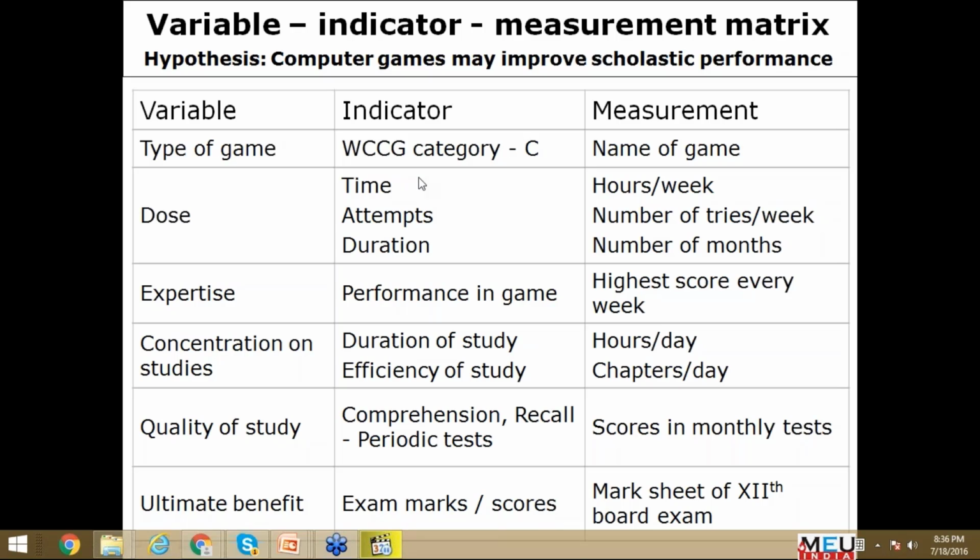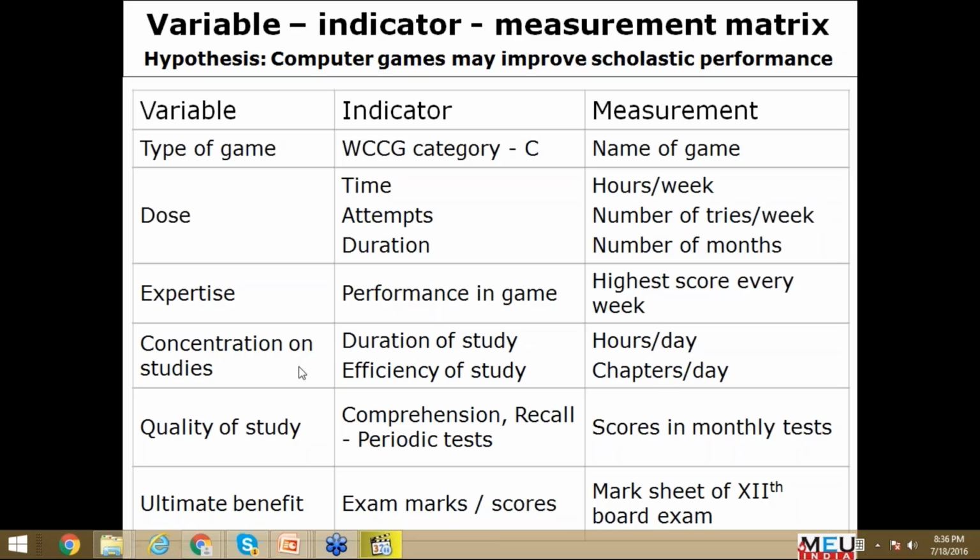For example, in our research question: the type of game, what is the category of games, for child, for adult, the name of the game, the dose, that is the time that the game is played, number of attempts, duration, and measurement over certain hours or weeks, number of tries per week, or number of months. We measure all that. Then expertise, performance in the game, highest score every week.